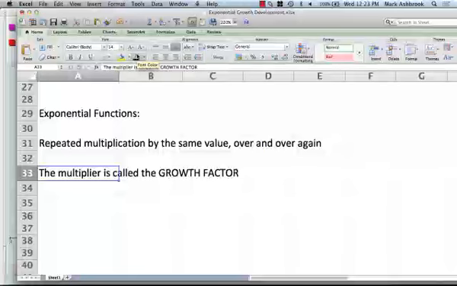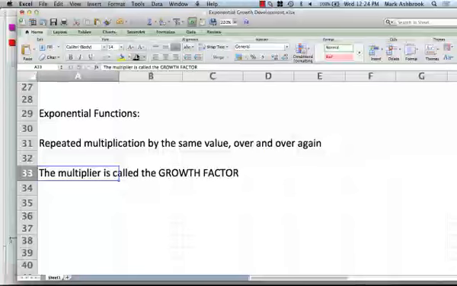So what was our growth factor for the cells? Was it 4 or 7? Two choices. The multiplier was 4, right? That multiplier every hour was 4. So that's what's called the growth factor. And does the growth factor multiply the output or the input?